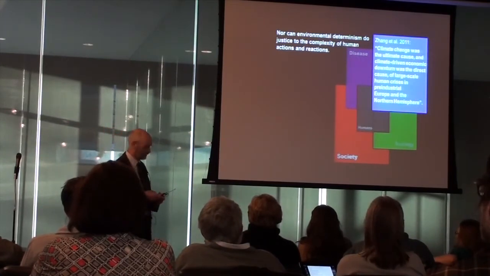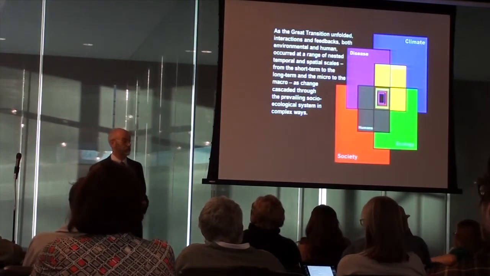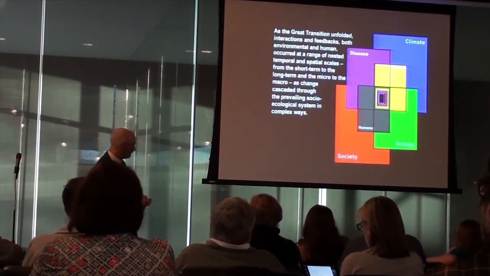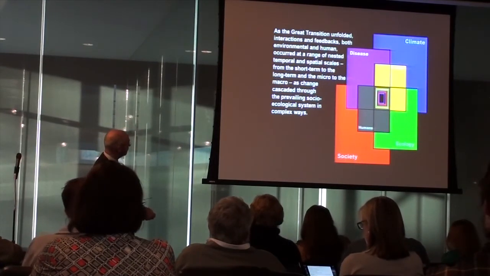As far as I'm concerned, there are 4 variables with sub-variables. The 4 variables are climate, disease, ecology, and society. And the sub-variables are the humans themselves, and we're biological as well as economic agents, and the microbes.